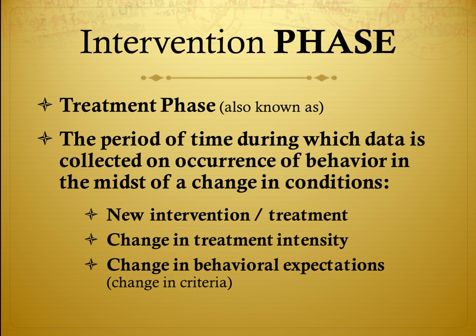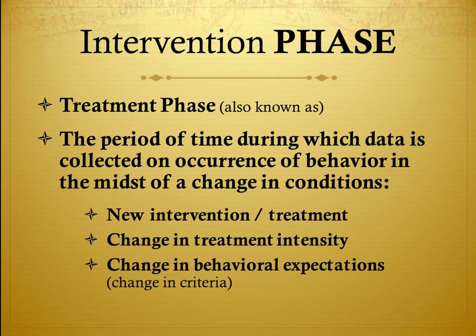a change in treatment intensity. So if you've already established a reward system with a student, you can be phasing it out or ramping it up to see if that alters the behavior. Change in behavioral expectations, we call that changing the criterion. So initially, maybe you require the student to reduce their outbursts to 1 every 2 minutes.